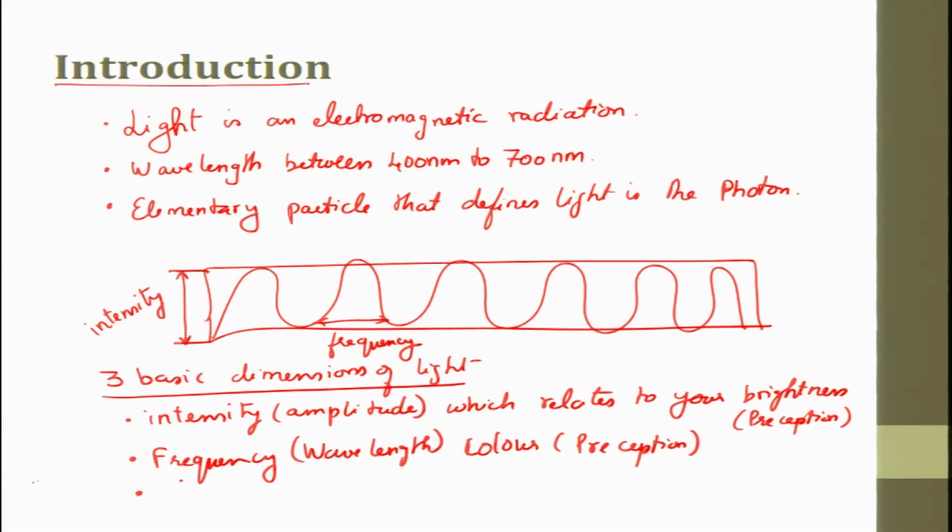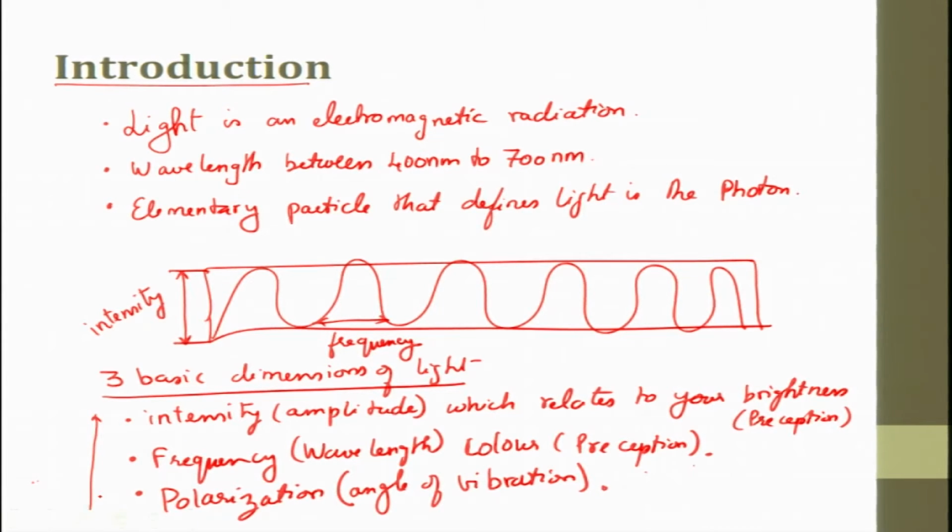The last one is polarization, which is a very important parameter. There are a lot of instruments which work on this polarization, which is nothing but the angle of vibration. These are the three dimensional parameters for light. So, if you can play with it, tweak with it, tailor it, then you get whatever requirements you want.